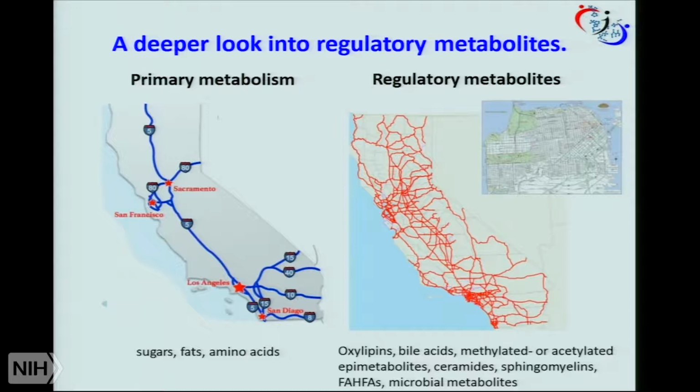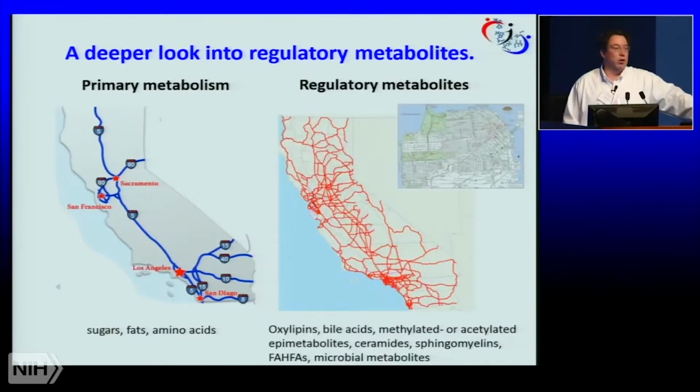For example, ceramides, sphingomyelins, they have very active roles in many diseases, but also oxylipins. They are clearly important in inflammation resolving, but also in many other physiological actions. These are usually very low abundant metabolites at nanomolar concentrations or even lower.